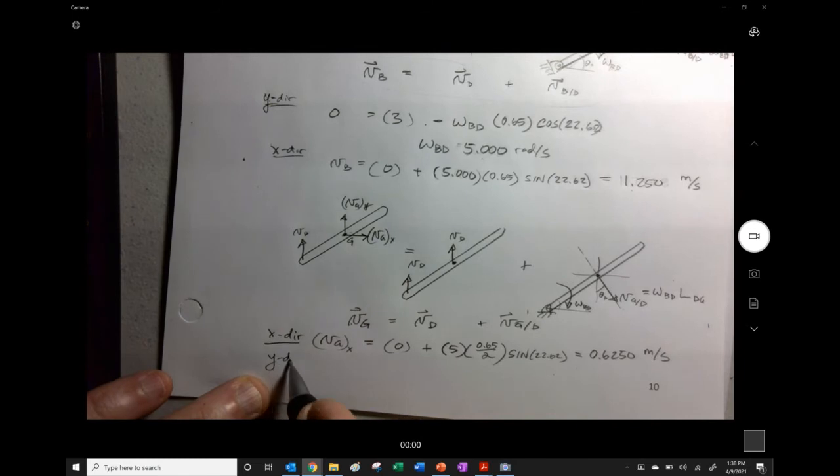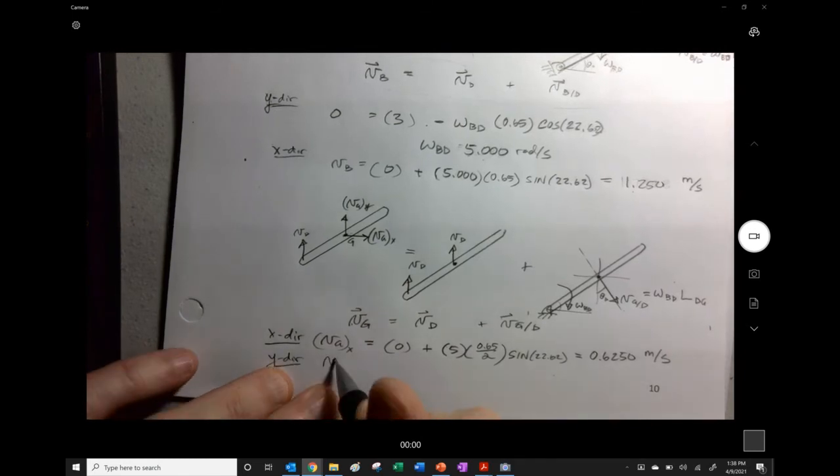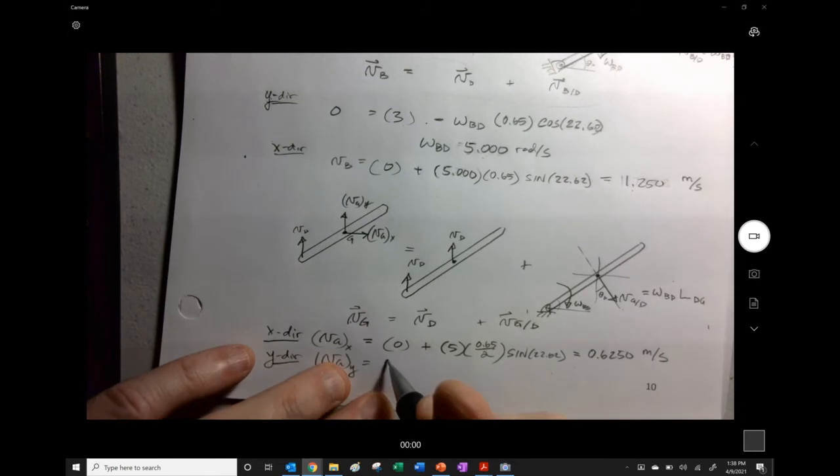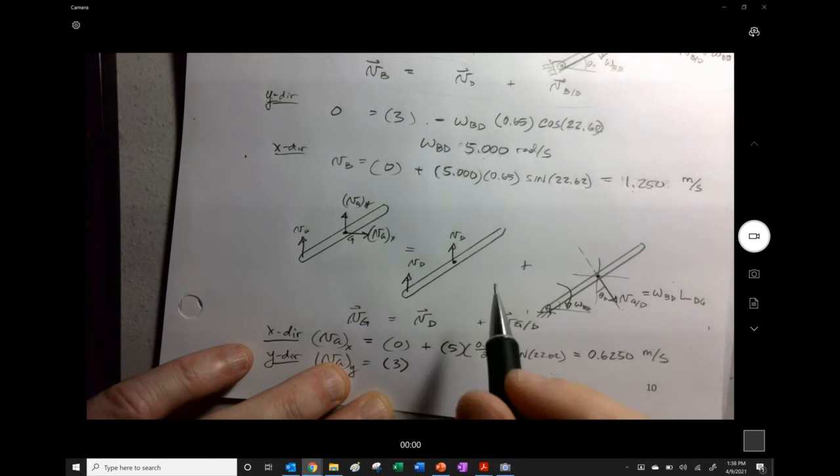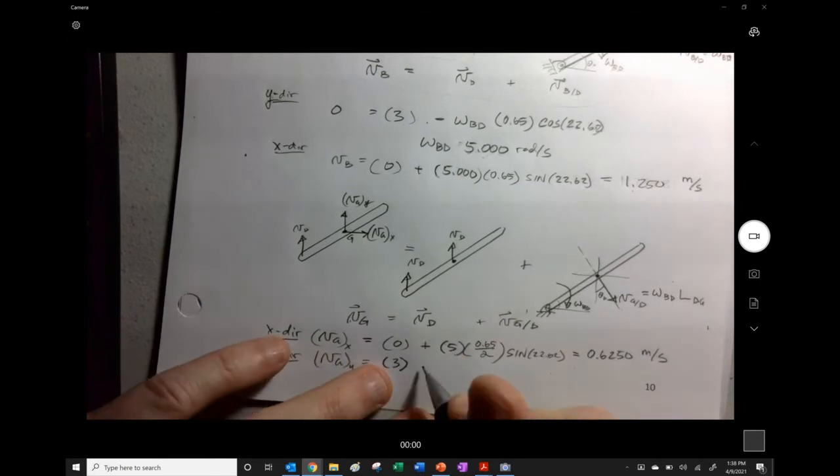And then my y direction, VGY, is going to be, first off, 3, right? We established 3.000.